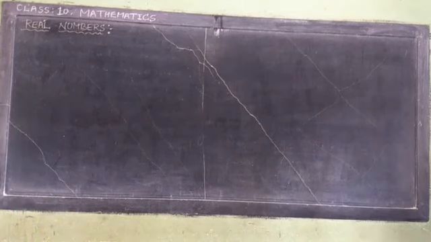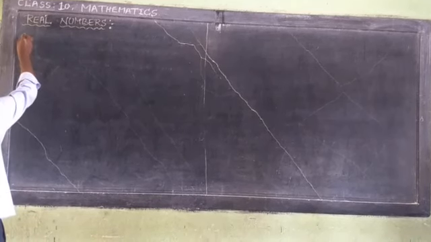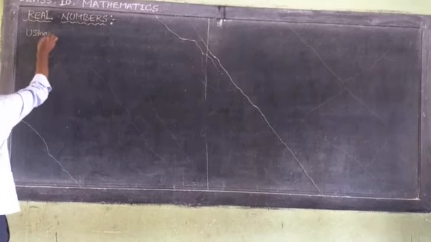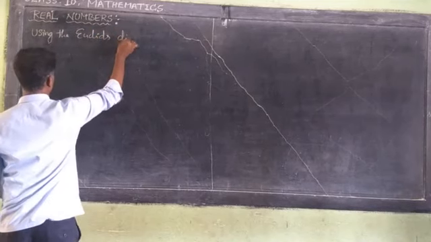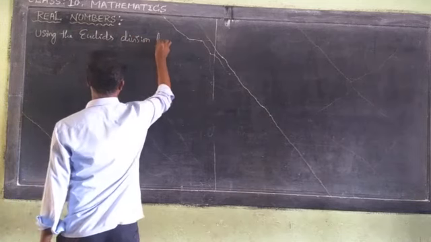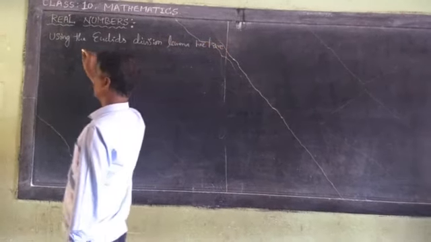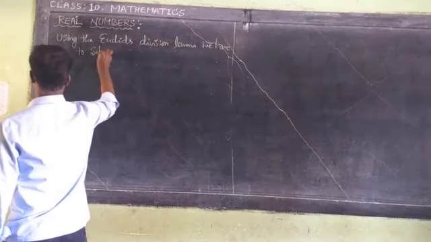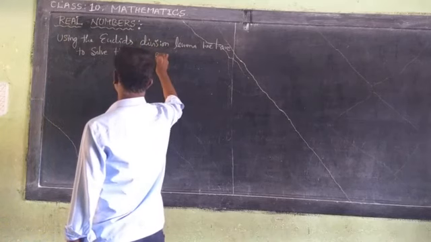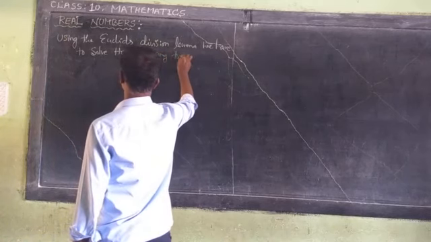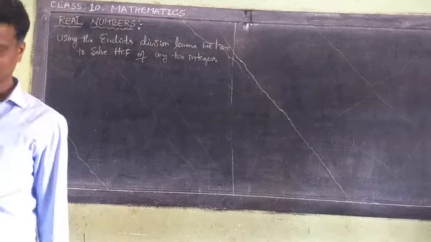Using the Euclid's division lemma, we should find the HCF of the given two integers.